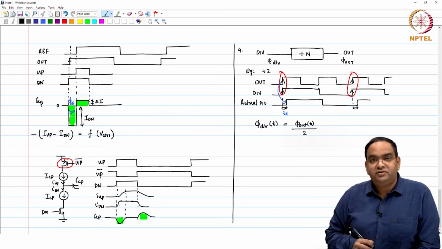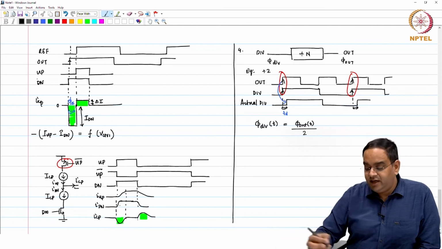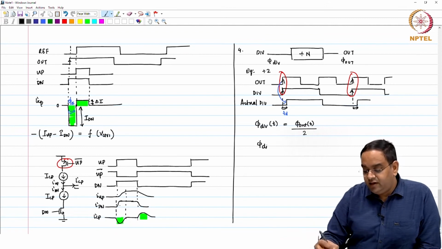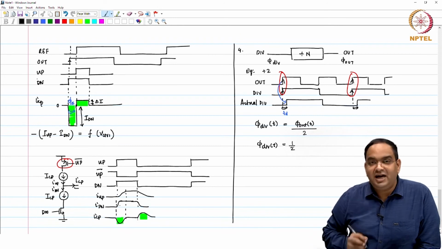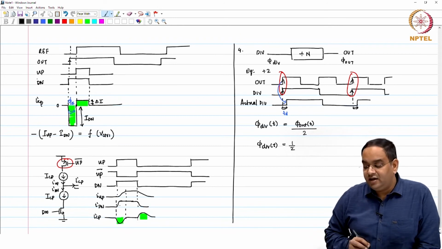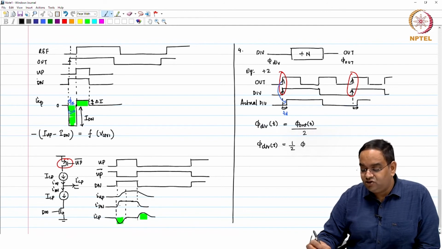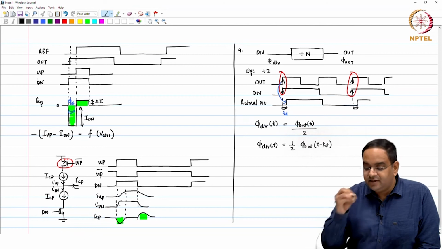This is not the case, okay, because what is happening is the divided edge is coming later. So, you can very well say that the divided clock, the phase at the output, whatever phase you are having, that phase is divided, but that phase is actually delayed. It is t minus t d.